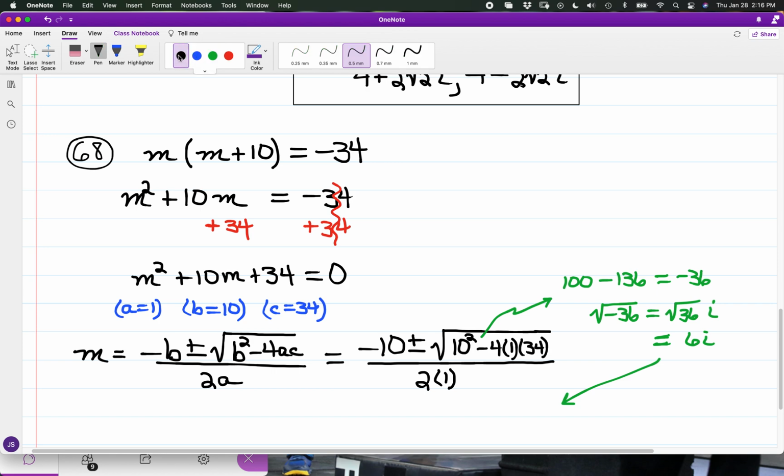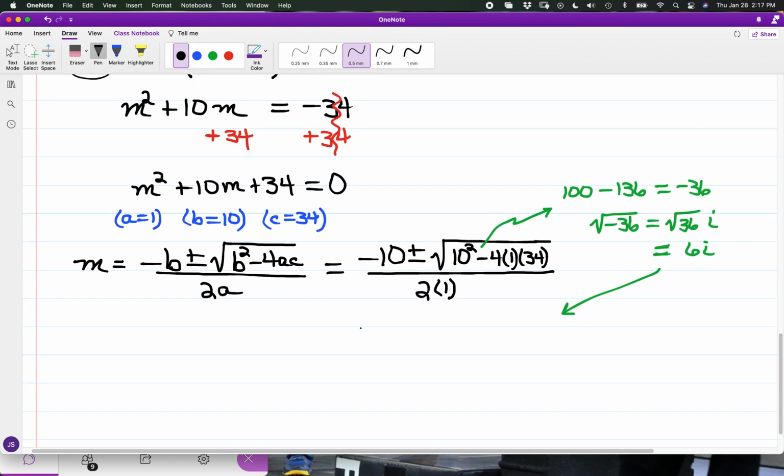And so for what we will have in the follow through, we have negative 10 plus or minus 6i all over 2, and just reducing.